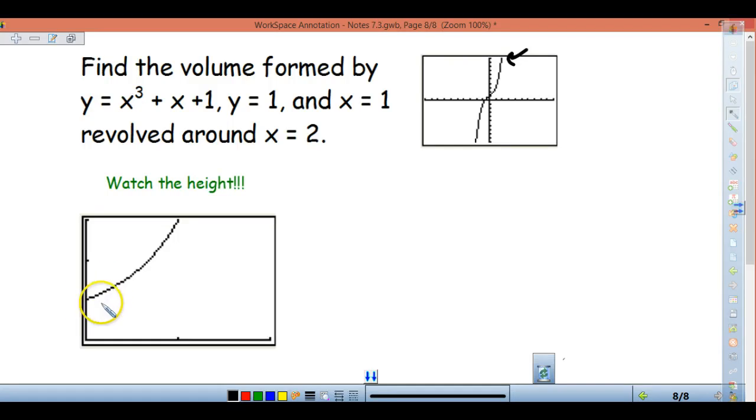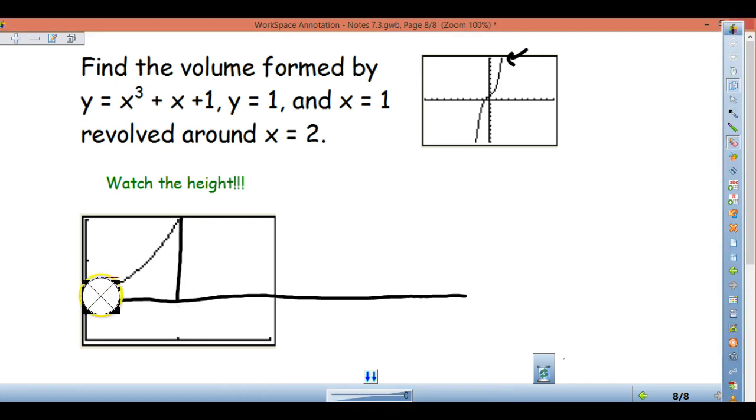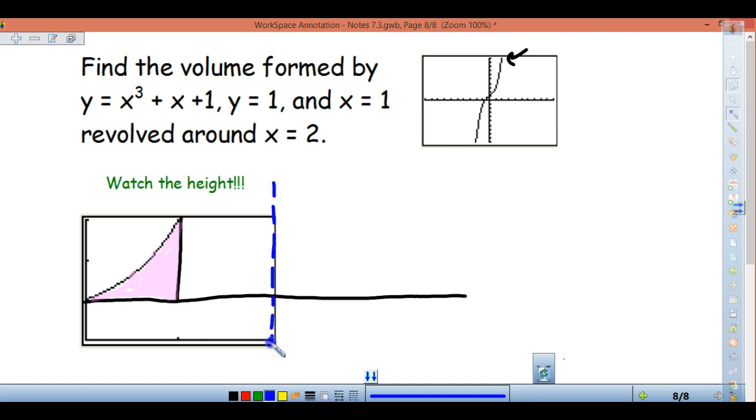Here's the line y equals 1, it's going to go this way. And here's the line x equals 1, so it goes there. So here's the region that we're going to be revolving. Here's the line x equals 2, right here.